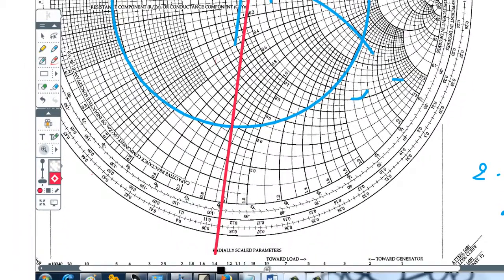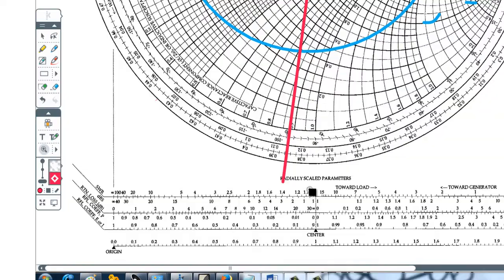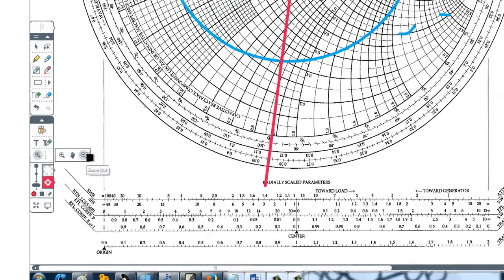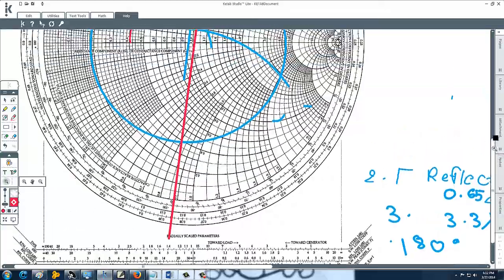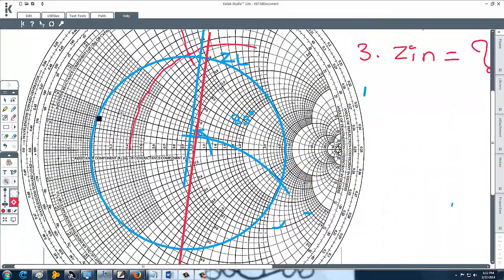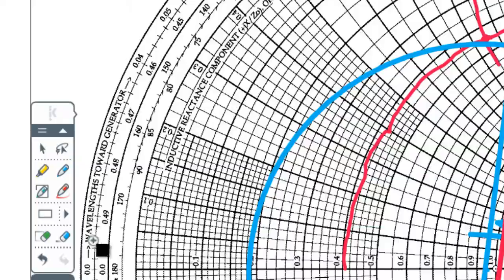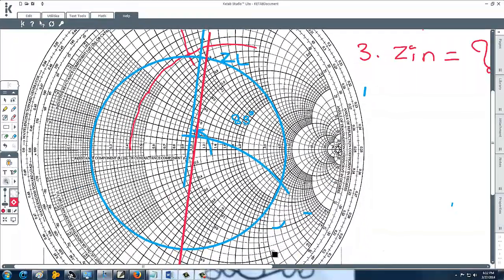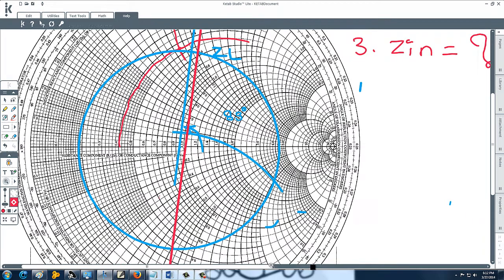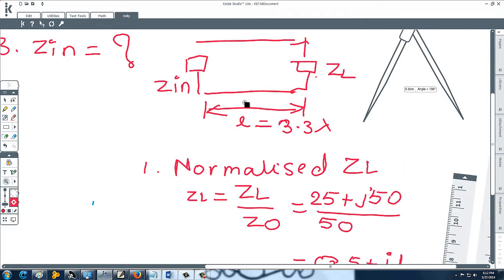I forgot to tell you why we are using wavelength toward generator. If you see this diagram, we have provided ZL and we have to find Z in. So we are moving from load to generator.